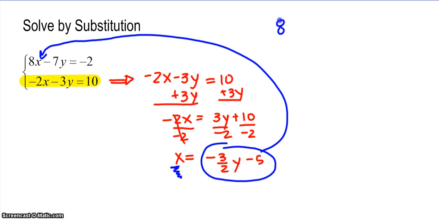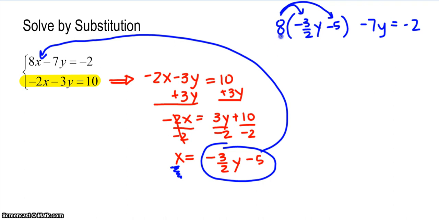So I have 8 times (negative 3 over 2 y minus 5) minus 7y equals negative 2. When I distribute the 8, multiplying by 8 is the same thing as multiplying by 8 over 1, which gives me negative 24 over 2 y minus 40 minus 7y equals negative 2.